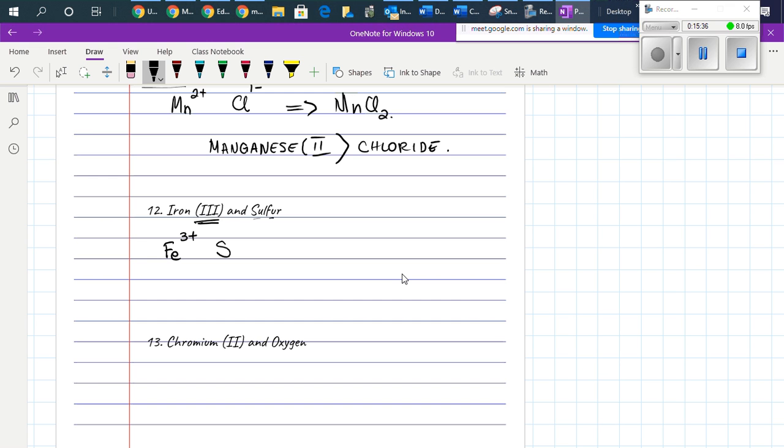That means that it has 6 electrons in the outer shell and will need 2 more to complete the 8. So this will turn into Fe2S3. And the name for this will be iron. We have to identify which valence you are using. Iron 3 sulfide.